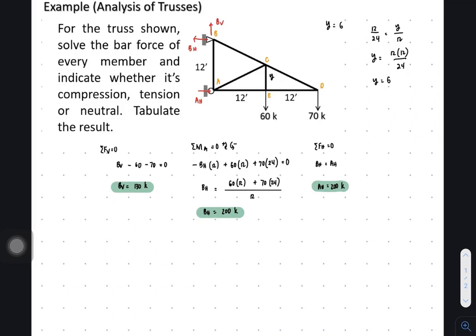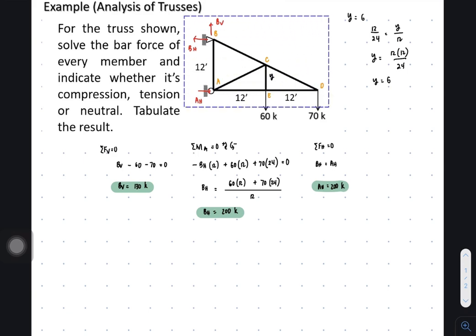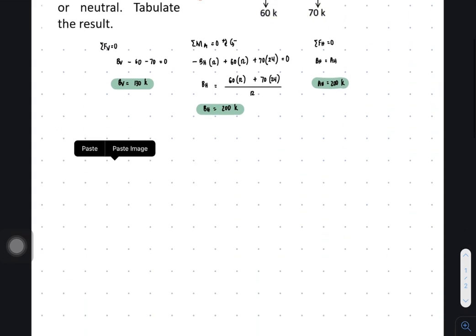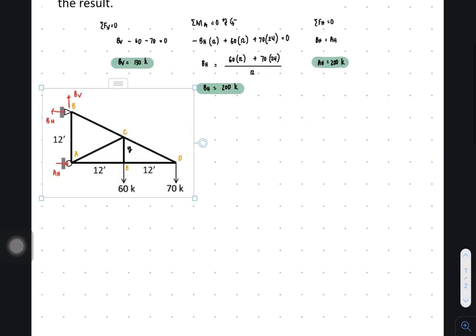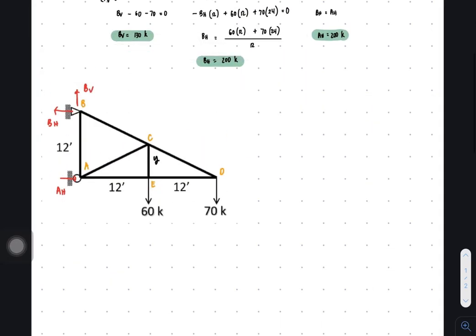So I'd like to cut this out. Let's just move it there. So let's cut this out, and here. We will now be solving for the bar forces, and it should be in method of section.